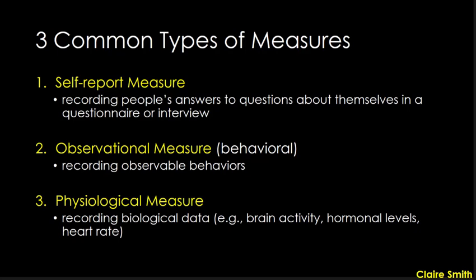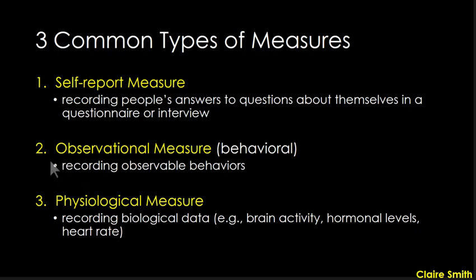You could even operationalize it by saying, okay, what color are they wearing? Are they wearing a feminine or masculine color, and basing your gender assignment off of that. So again, many ways to operationalize it. And those all would be examples of observational measures because you're recording just something that you're observing, right? So the researcher themselves is looking at someone or listening to someone and basing observations off of that.